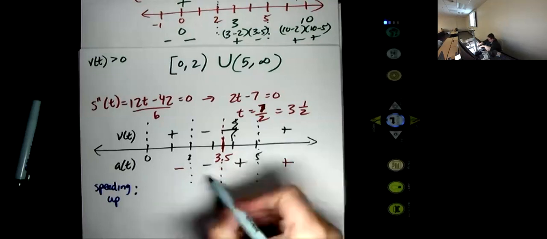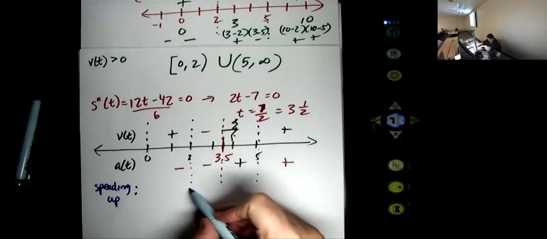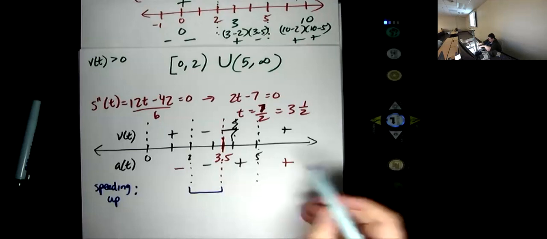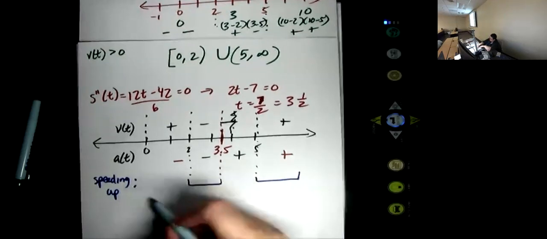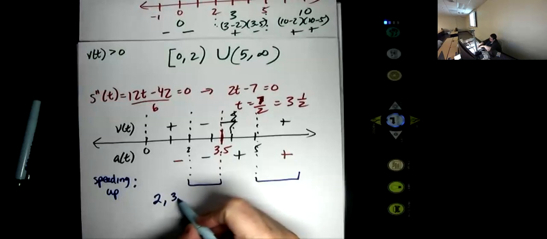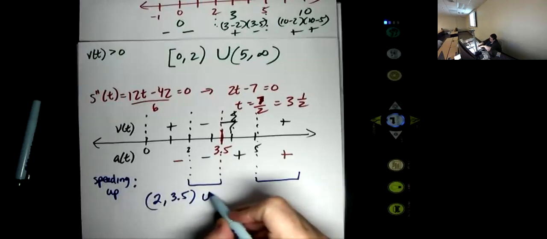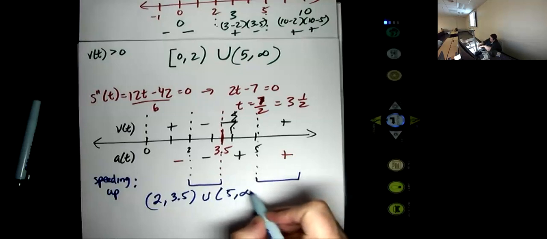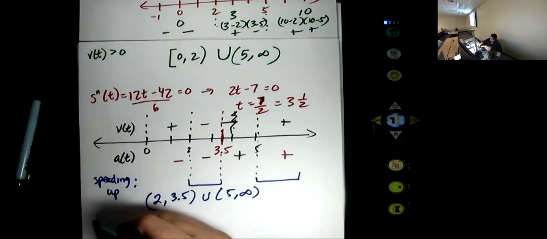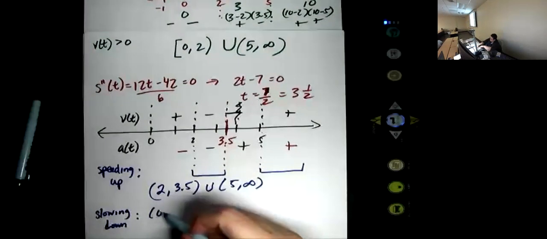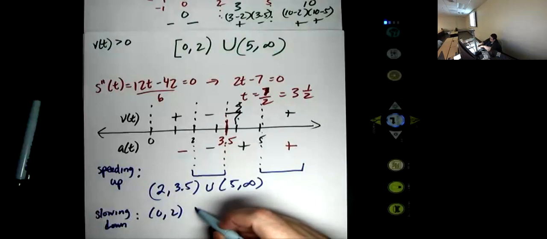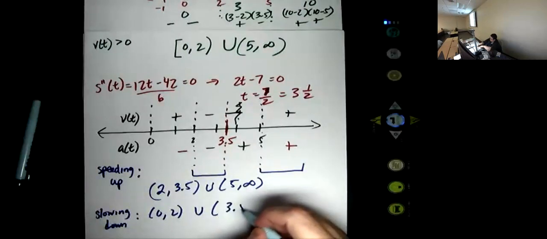It looks like the signs match from 2 to 3.5 and 5 onward. And it's slowing down from 0 to 2 in union with 3.5 to 5.